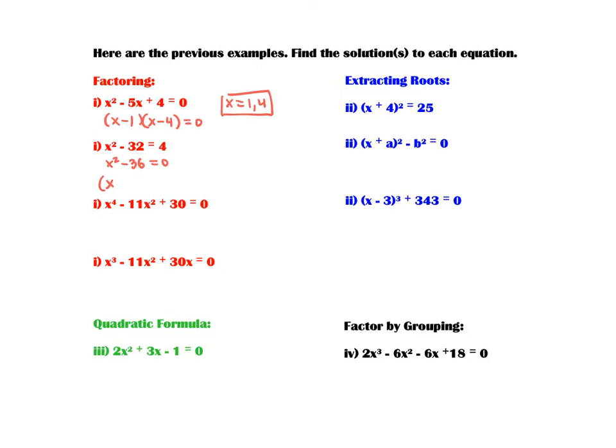In this case, if I were to write this out as x squared plus 0x minus 36, what I'm looking for is two numbers that multiply to -36 and add to 0. In order for them to add to 0, they have to be the same. So I would have x plus 6 and x minus 6. That gives me zeros, or solutions, of -6 and +6.